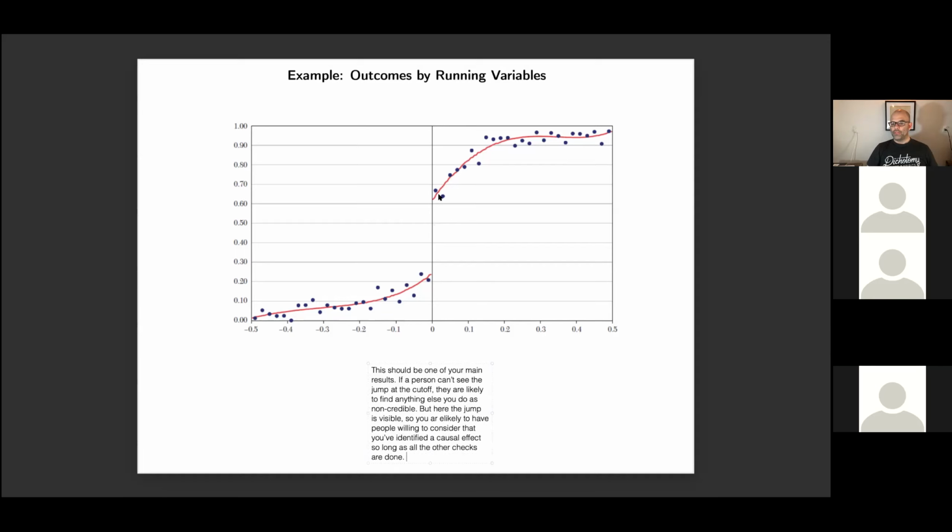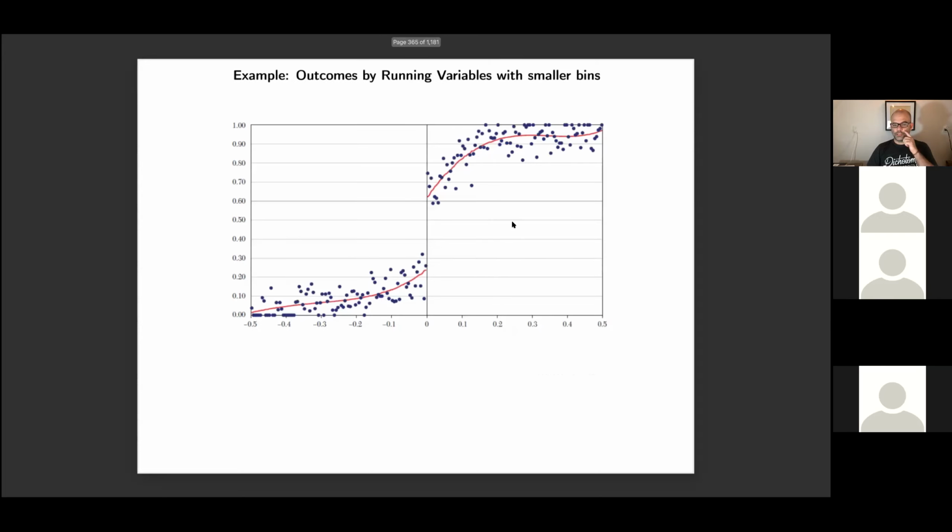Okay, so here, this is with bins of around, I think, 0.02. Let's see bins even smaller. All right, so this is probably bins of 0.01 or 0.005. So smaller bins doesn't really change the finding, but does change the presentation.